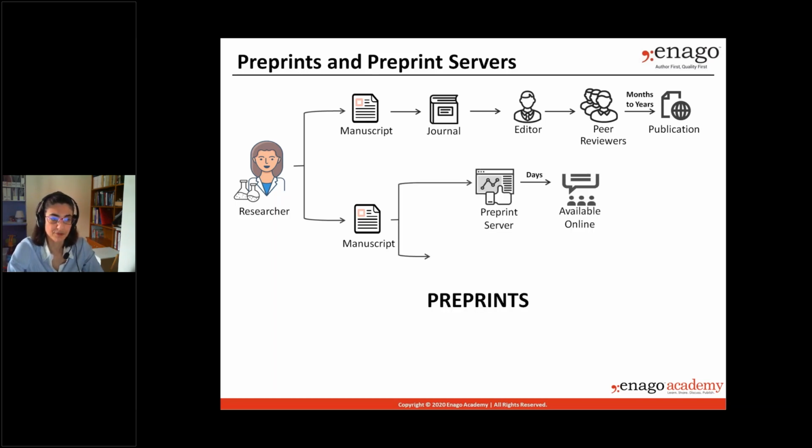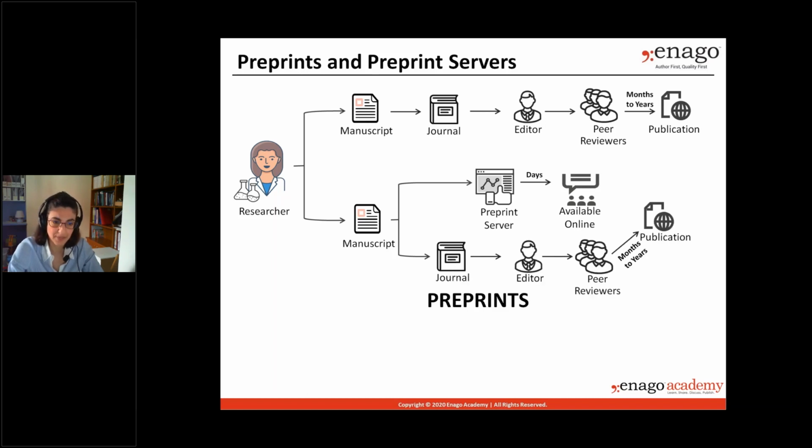An alternative route is you prepare your manuscript, upload it in a preprint server, and after several days, it's becoming available online. Meantime, you submit it to a journal, it goes through the editor, peer reviewers, and months to years later, it goes to publication.